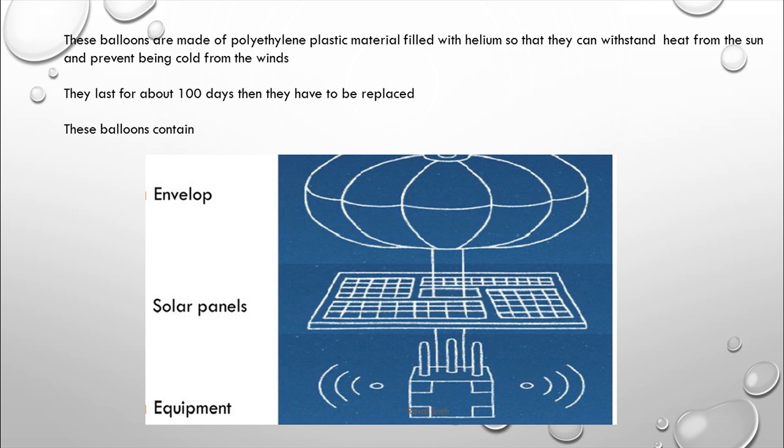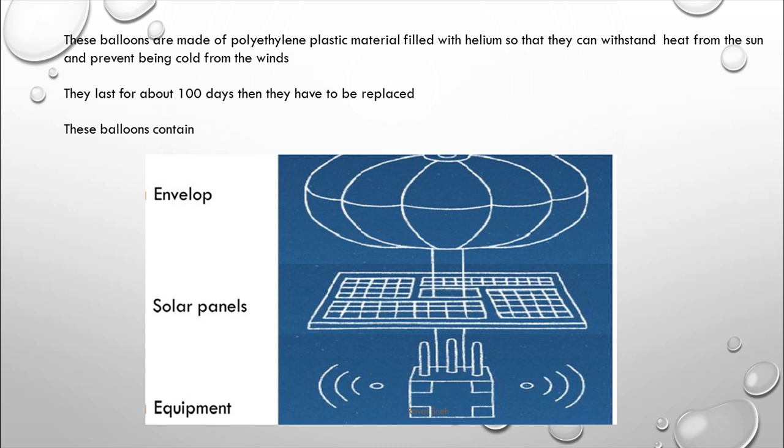These balloons contain an envelope which is white in color, and solar panels that keep the balloons active during night time, and equipment that helps to connect to the internet service provider.